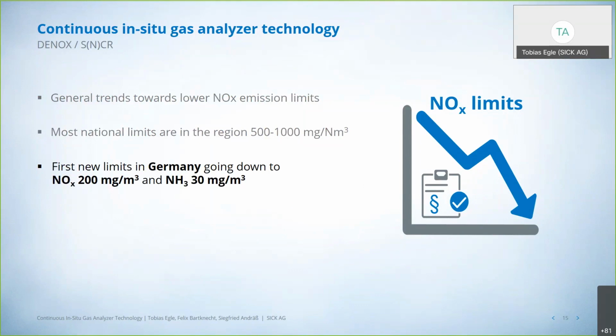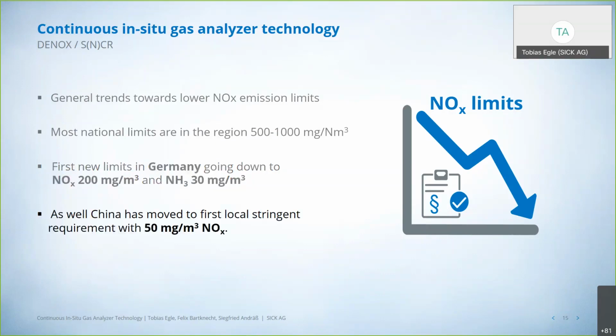because typically you reduce your NOx emissions with ammonia, and you need to balance that in some way. And these two values are already challenging for some kinds of cement plants. And China stepped one step ahead with some local strict requirements of down to 50 milligrams per cubic meter, where a kind of NOx reduction unit in the cement plant is definitely required.